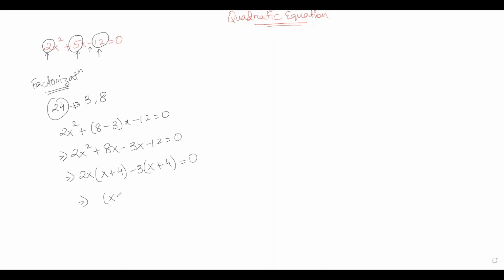Again, I can take x plus 4 common, and I'd be left with 2x minus 3 equals to 0. So either x plus 4 would be 0, which would give us x equals to minus 4, or 2x minus 3 would be equal to 0, which will give us x equals to 3 by 2. So the two roots of this quadratic equation would be minus 4 and 3 by 2.